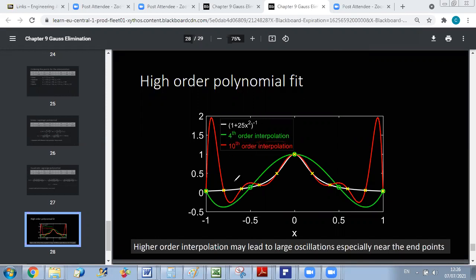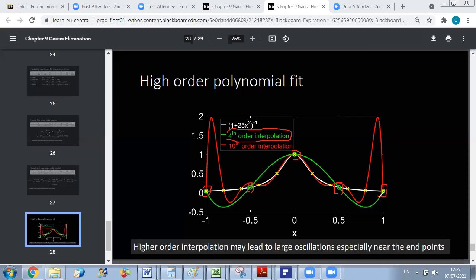You know that when you want to do a fourth order interpolation, you need 5 data points. So we have considered the first 5 data points, 1, 2, 3, 4, and 5. As you can see here, we can come up with a fourth order interpolation using these points, and we'll get the green curve.